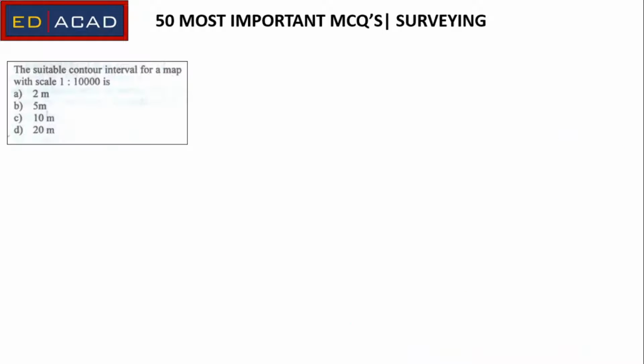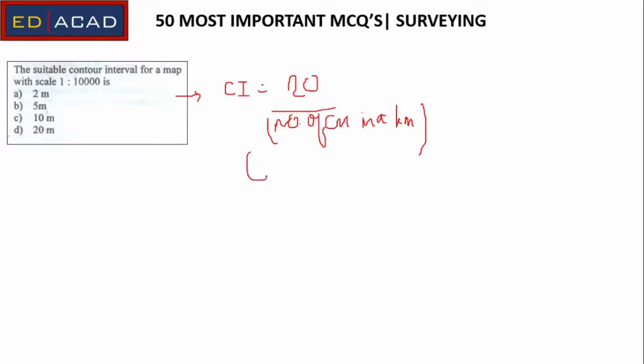Next, the suitable contour interval for a map with a scale 1:10,000 is, so let's try to look at this. The contour interval is given as 20 upon the number of centimeters in a kilometer. You need to remember this formula.